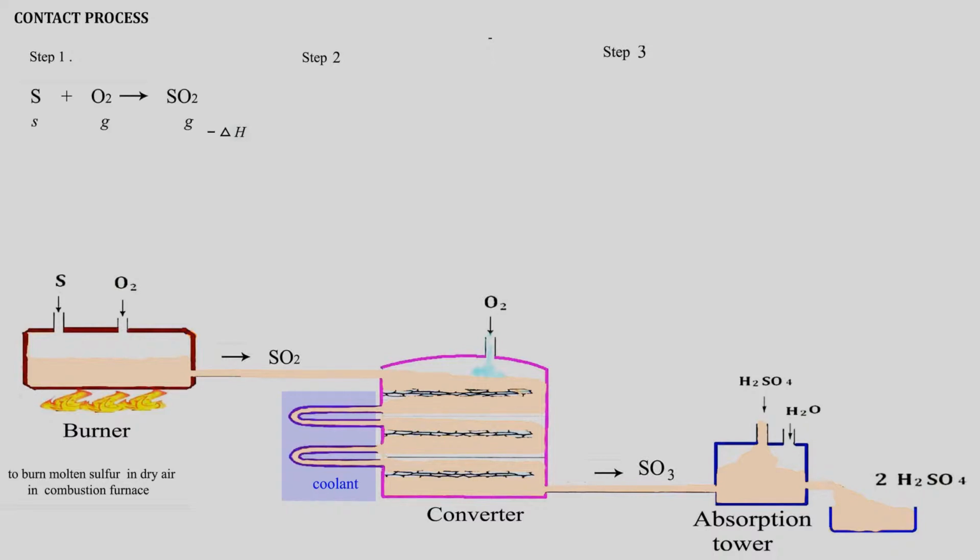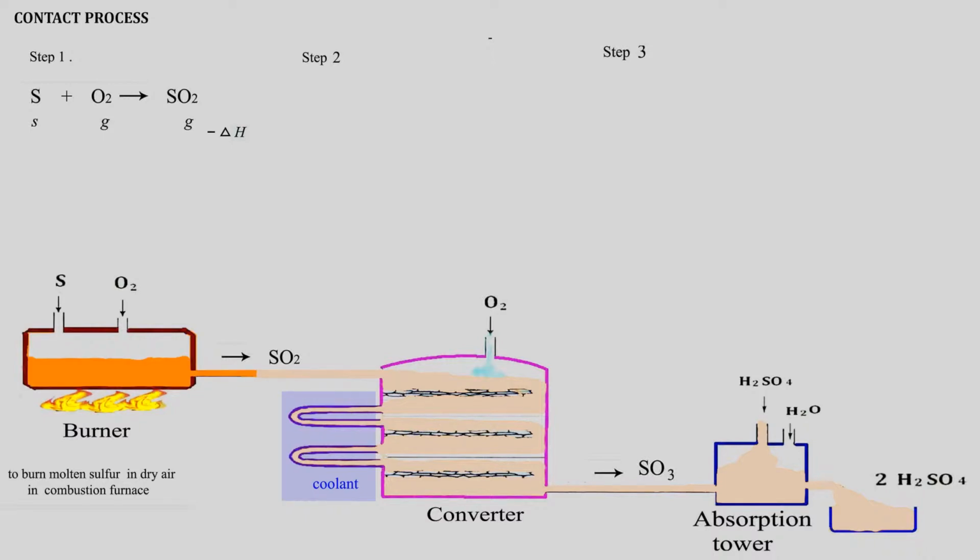Step number 1. Sulfur added with oxygen forms sulfur dioxide. What is this reaction? Combustion reaction. What's a combustion reaction? Any fuel with oxygen forms an oxide. The characteristic is it releases heat, always exothermic.